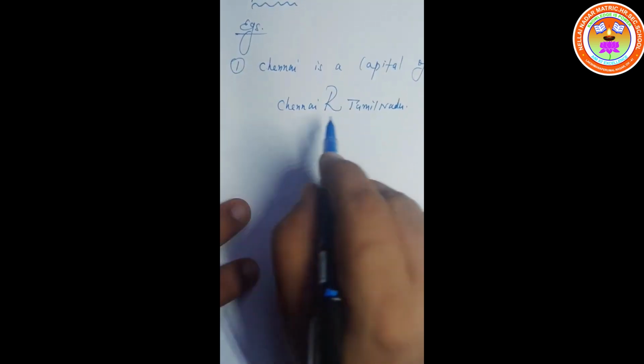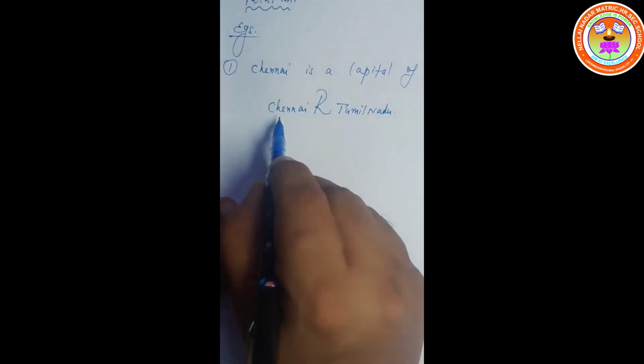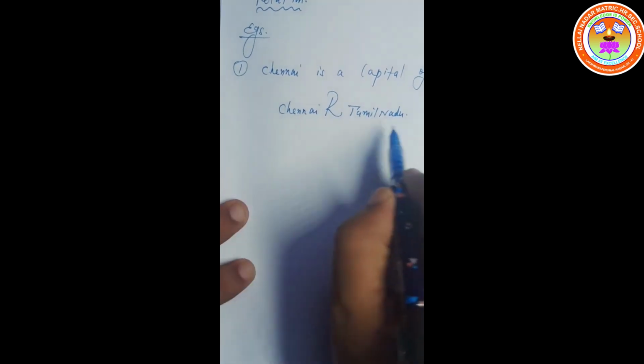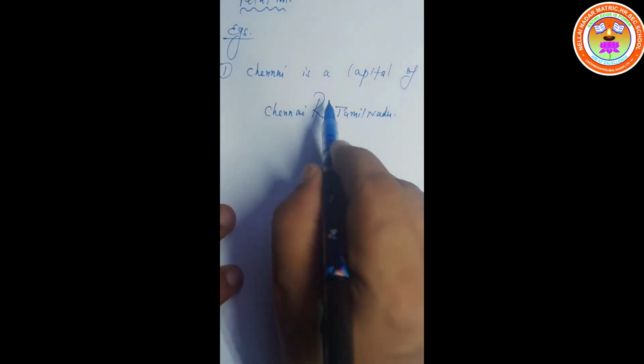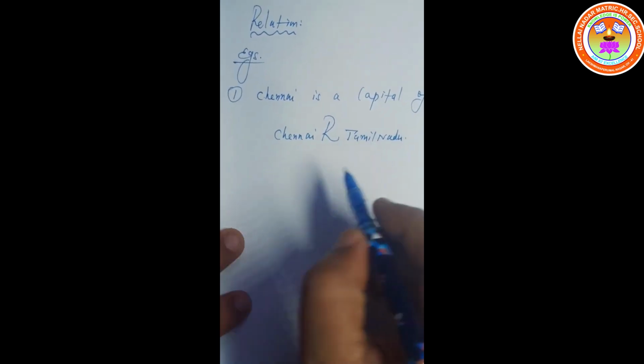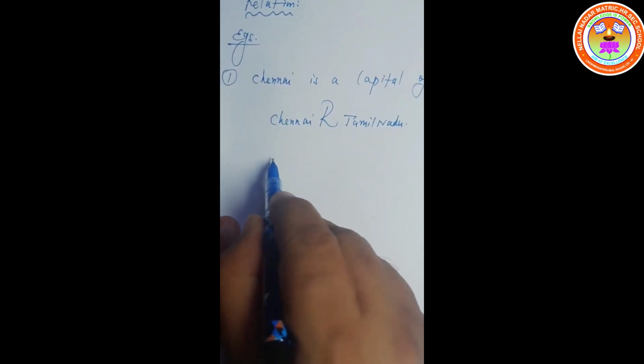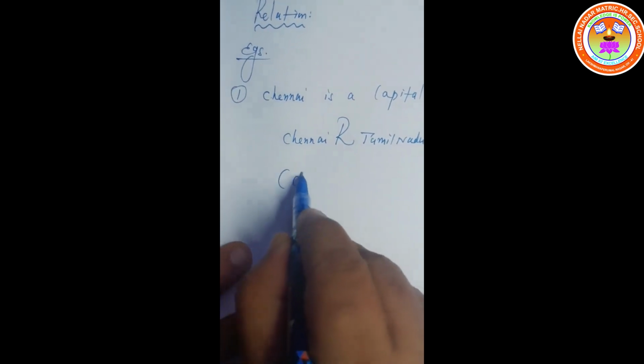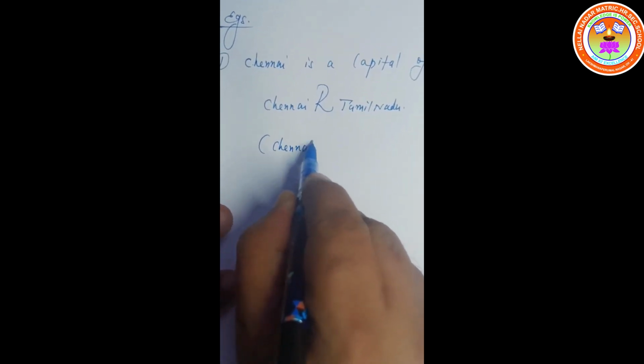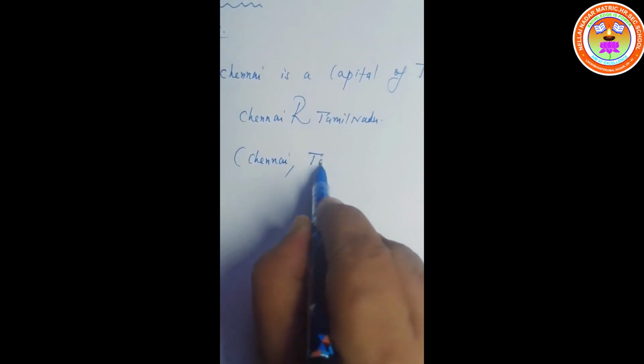Okay, this is called a relation. Two objects, one is Chennai, another one is Tamil Nadu. Both are related or refers relation. Even we can say that Chennai and Tamil Nadu in the form of a set of ordered pairs. Chennai and Tamil Nadu.